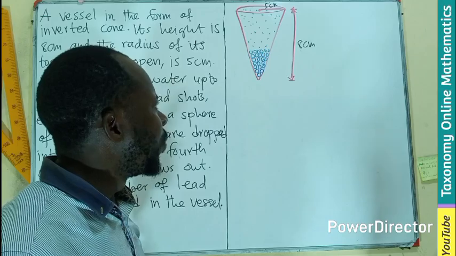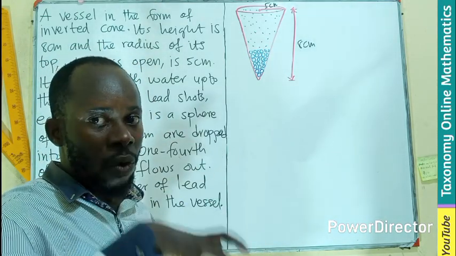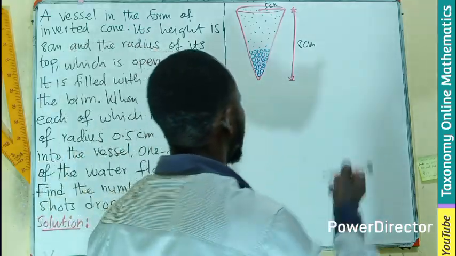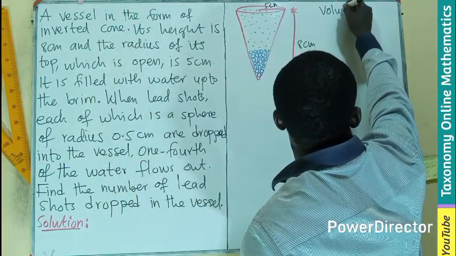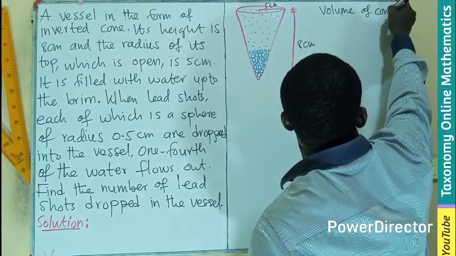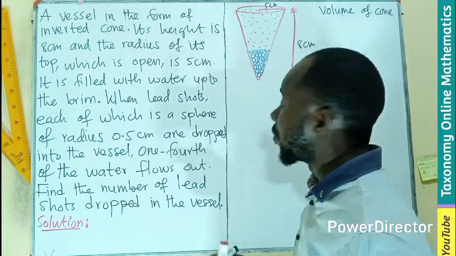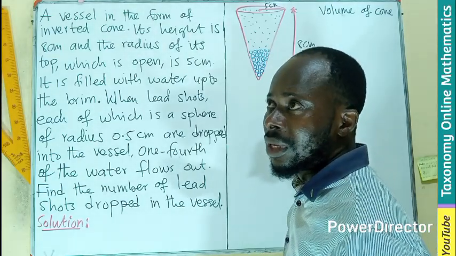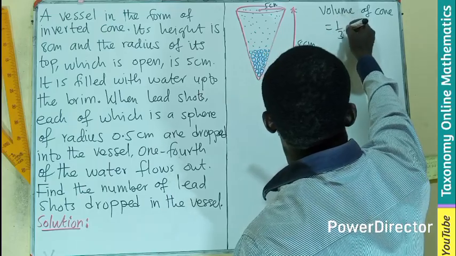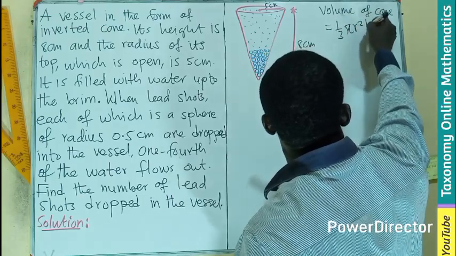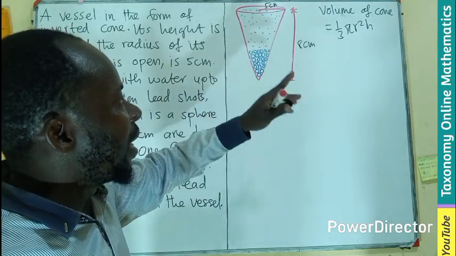So what do we need? We need to know the volume of water that was in the cone originally. So we can say the volume of the cone, as in the volume of water in the cone, is the same as the capacity. So how do we find the volume of a cone? It is 1/3 the volume of a cylinder. So this is going to be 1/3 pi r squared h, where r is 5 and h is 8.